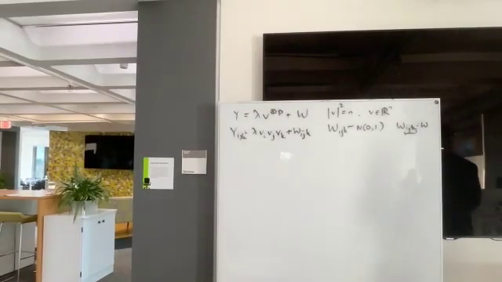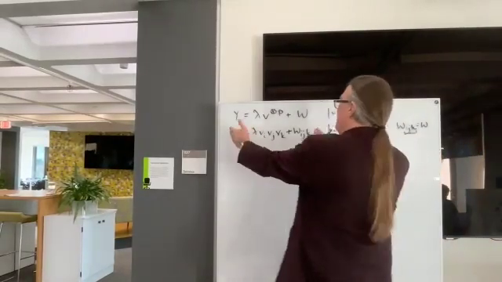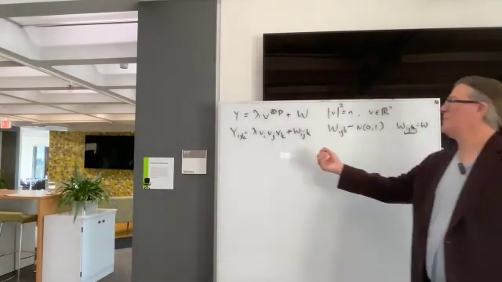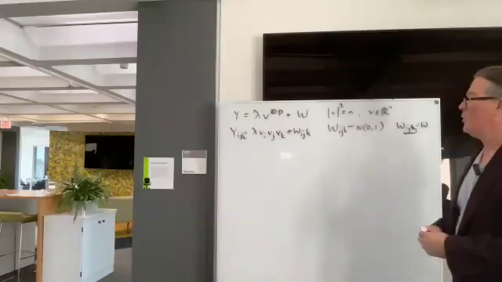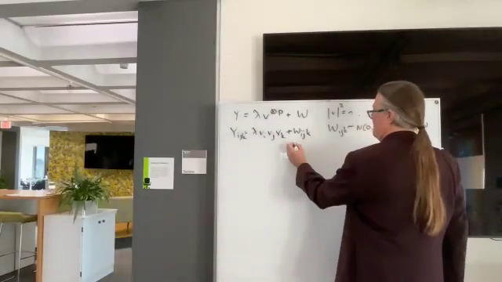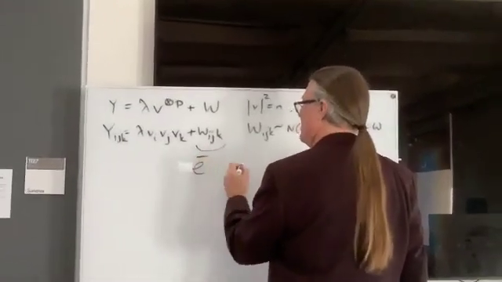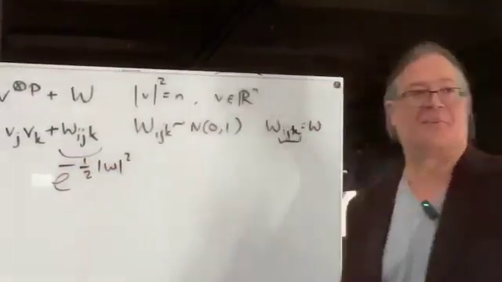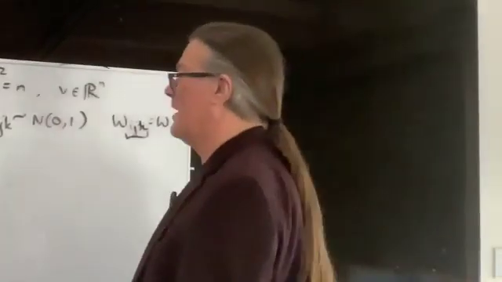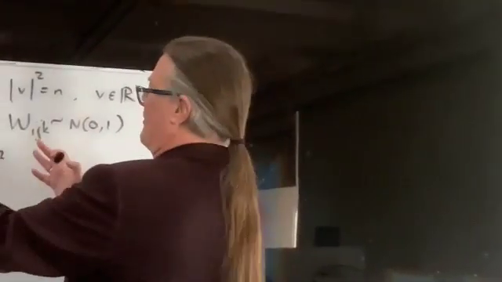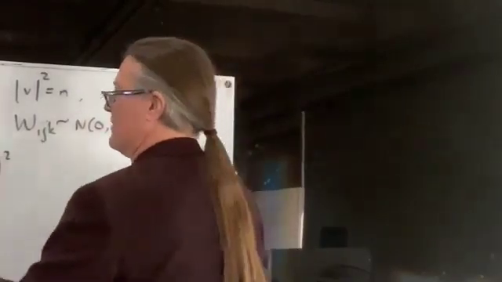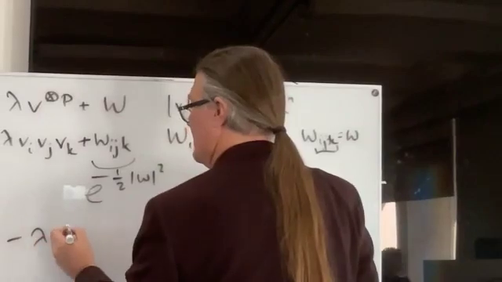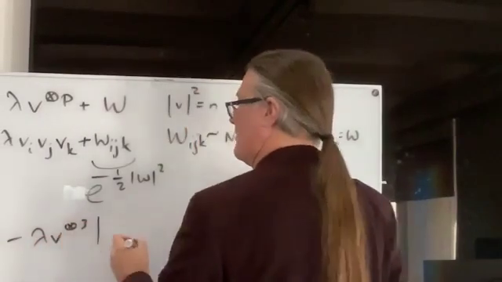So in particular, suppose that you believe this model and you want to find the maximum likelihood estimate of V. Well, that means, since Gaussian noise has a likelihood which goes like the sum of the squares of the entries of the noise, because these are independent Gaussians, maximizing the likelihood means minimizing the squared error between Y and this factorization.